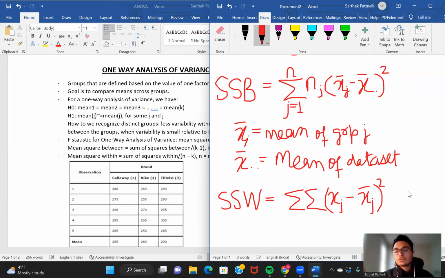So this is how you're going to calculate your value for sum of square within. Now, basically, why have I put a double sum over here? I put a double sum over here because this has to be i. Yeah. So let me rewrite this actually.